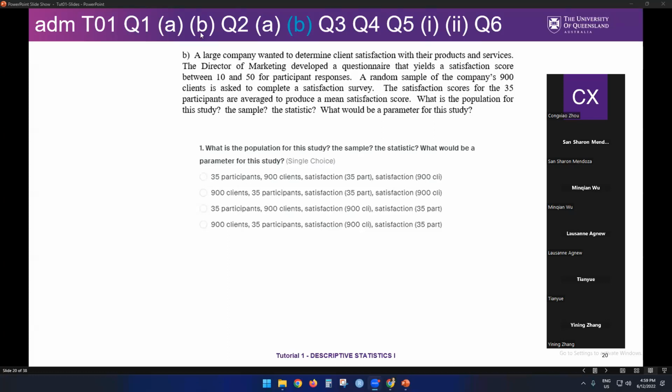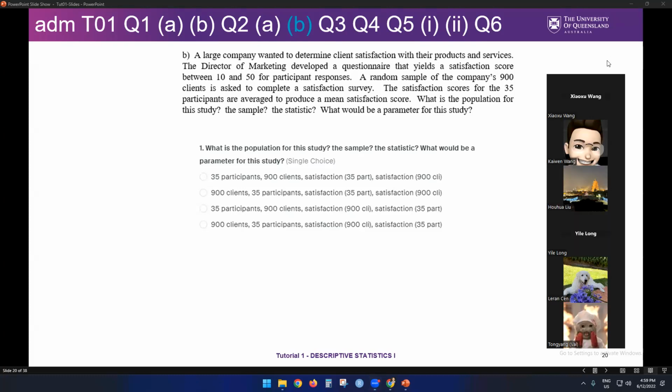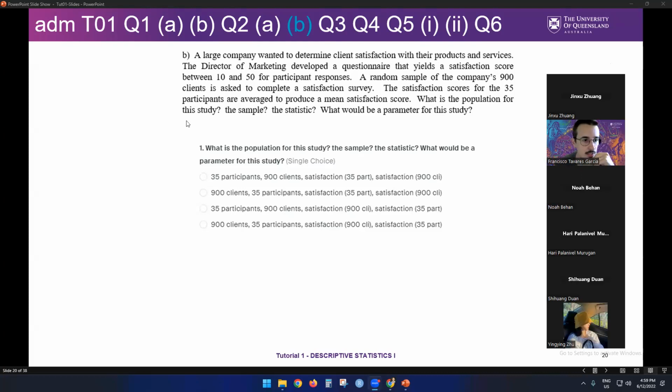Feel free to open your mic or send a message on chat if you're having any difficulty or if perhaps you can't see the poll. And I think I will close it. We had it open for 3 minutes. I'll end the poll and I'll share results.